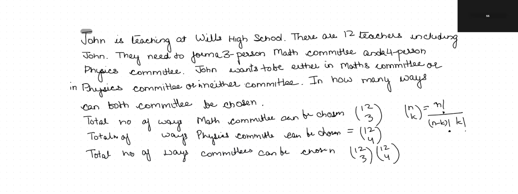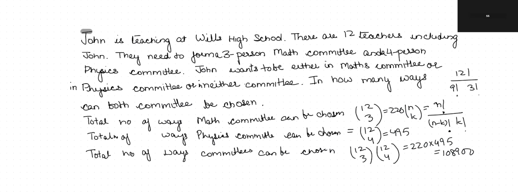So 12 choose 3 using this formula is 220. And 12 choose 4 is 495. If you multiply both, 220 times 495, this will give 108900. We use this formula, factorial 12 over factorial 9 over factorial 3.